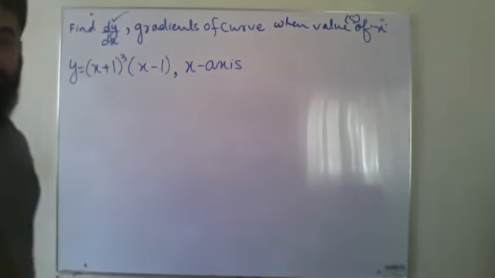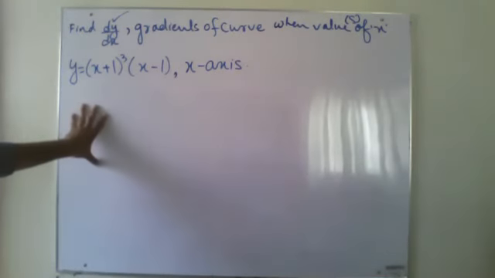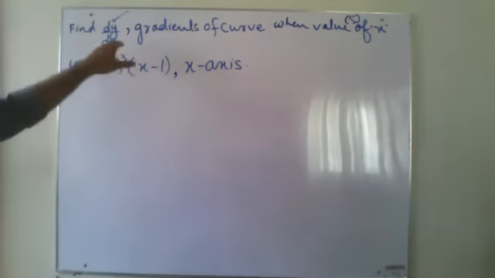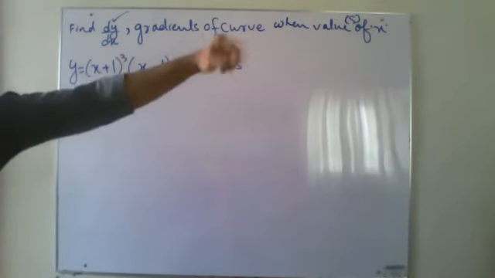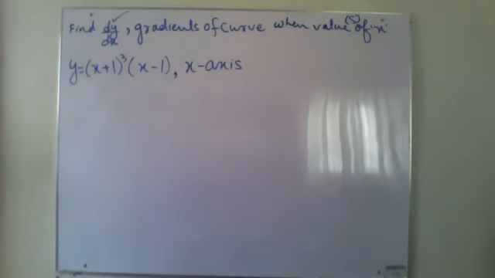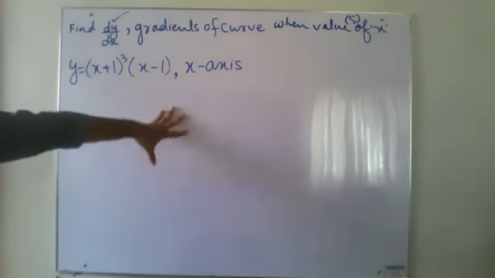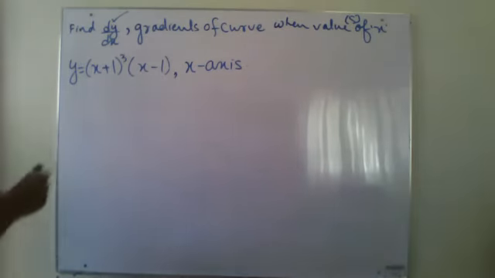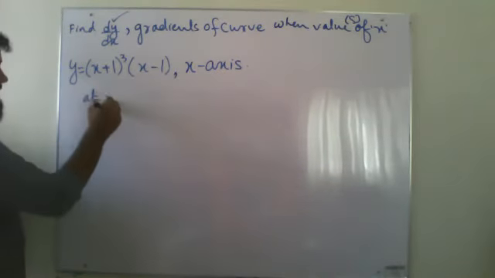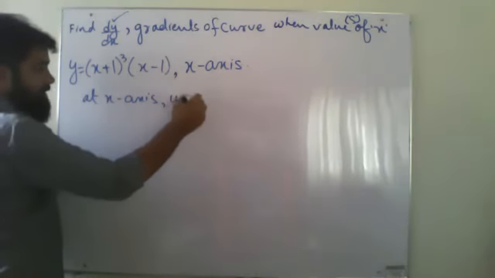Okay, beta. So this is my new question, and in this question they are telling us to find dy over dx. They are telling us to find gradients of the curve when the values of x is given or missing. So first of all, values of x is missing. So they are giving us at x-axis. I have already told you that at x-axis y is always 0.